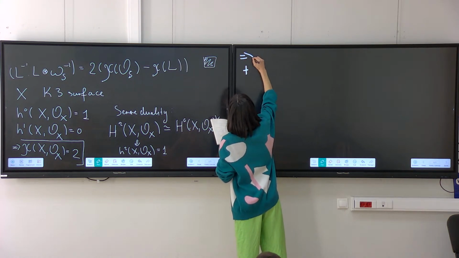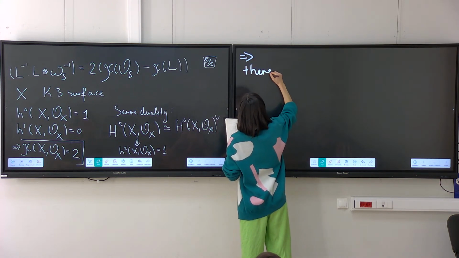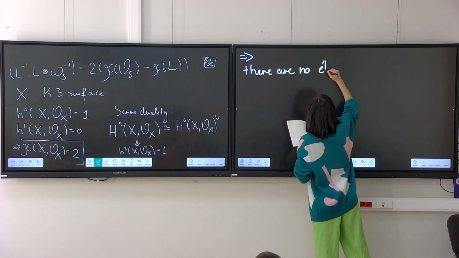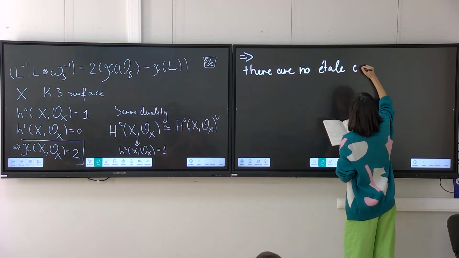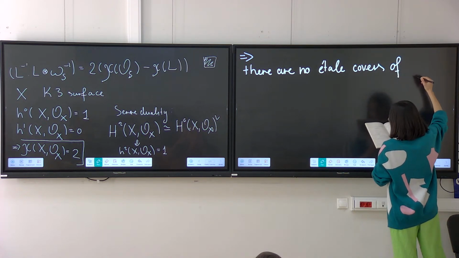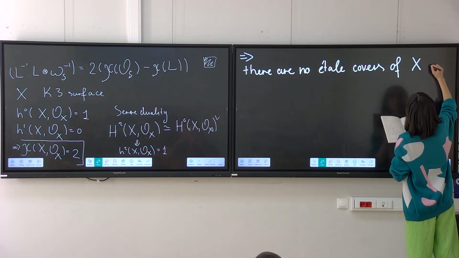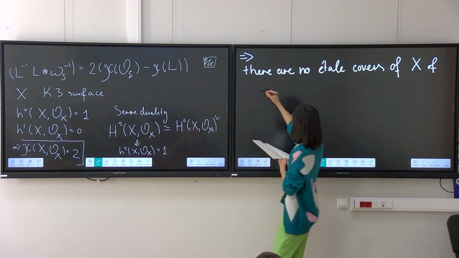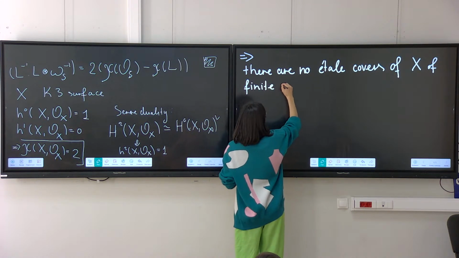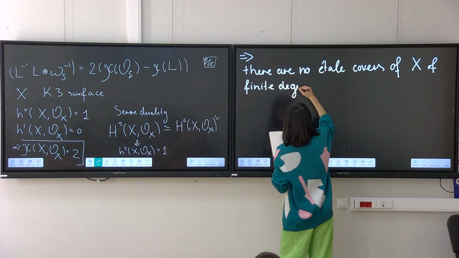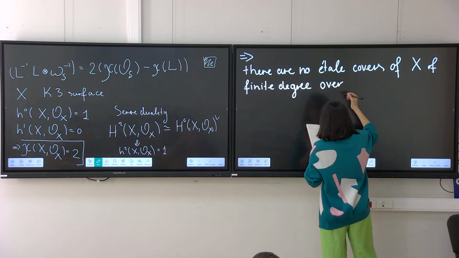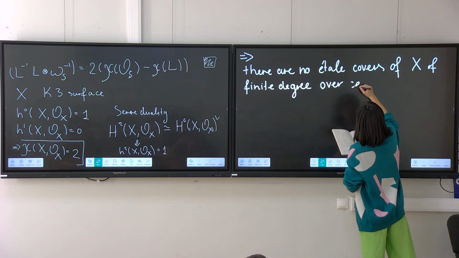From this we get that there are no étale covers of X of finite degree over a separably closed field.